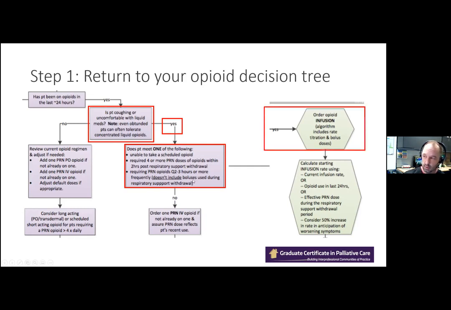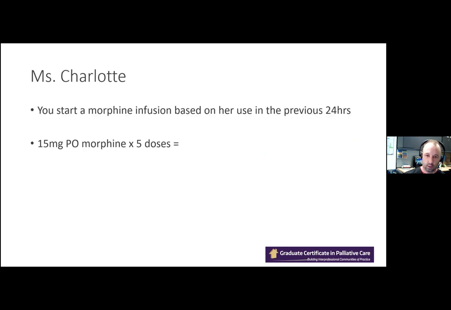So we see that she is requiring the opioids more frequently. And so an opioid infusion is indicated at this point. So you start a morphine infusion based on her use in the previous 24 hours.